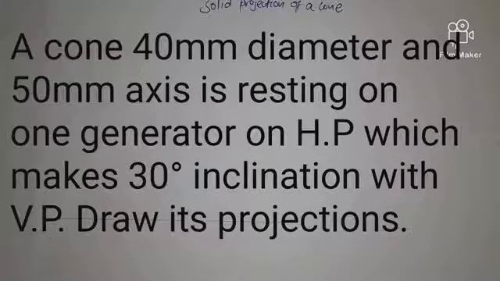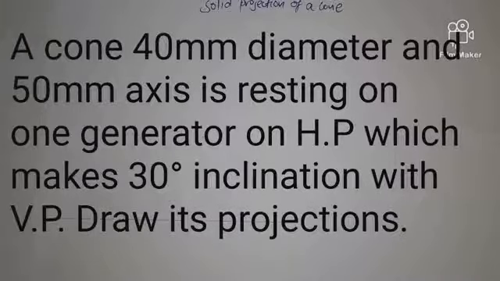Now we have three conditions to fulfill here. The first condition is we shall let our cone stand upright on its own base on the horizontal plane, and therefore in this case it forms a true shape of the top view on the horizontal plane.